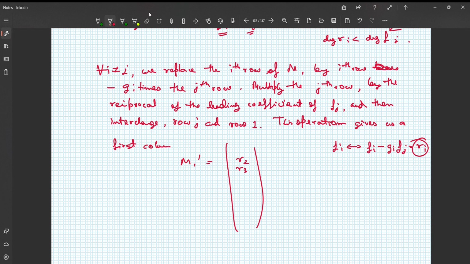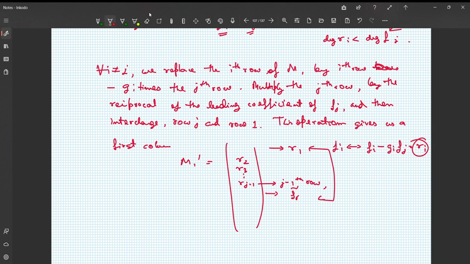So in the second row, the first column entry is r2, then you have r3, and so forth. You reach rj minus 1. So this is your j minus 1 row, right? The first row initially had r1, and the jth row initially had fj tilde, after making its leading coefficient 1 by dividing the entire row by the leading coefficient of fj.